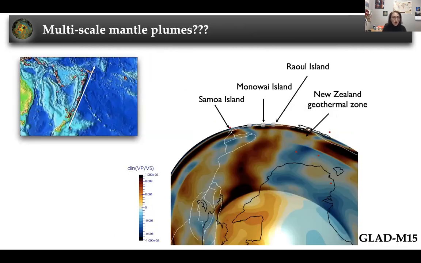So when I take a cross section from New Zealand towards Samoa, these are the VP/VS ratios. You see again the Pacific superplume upwelling, and this is the upper mantle discontinuity, and you see all these nice upwellings in the upper mantle, which nicely coincide with the volcanic islands. And this is the New Zealand geothermal zone. So this might be an indication from seismic tomography for the multi-scale mantle plumes.